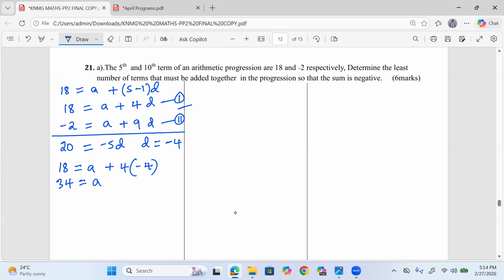Are we together on that? The first few numbers, like 34, the next one will be 30, the next one 26, the next one 22, like that. So it is a decreasing arithmetic progression because the D is negative.